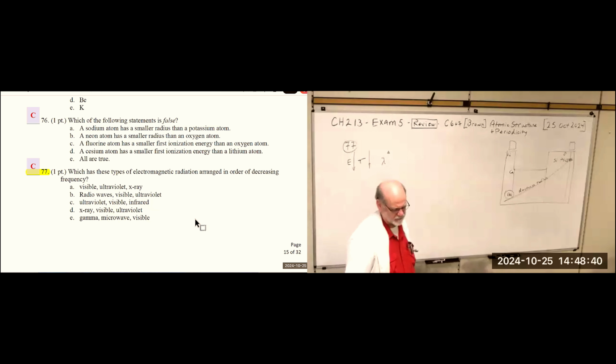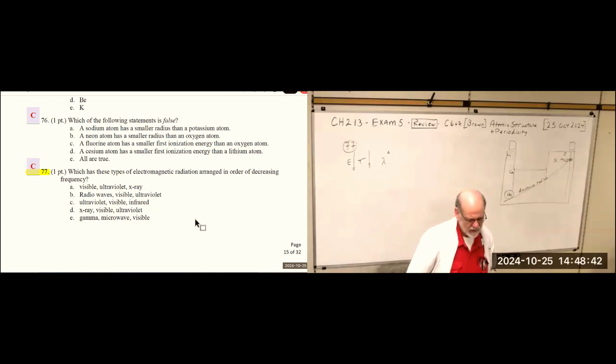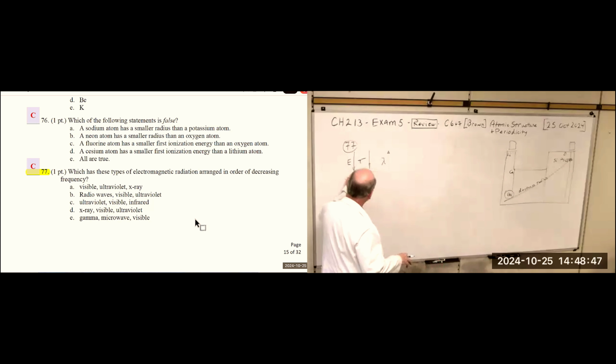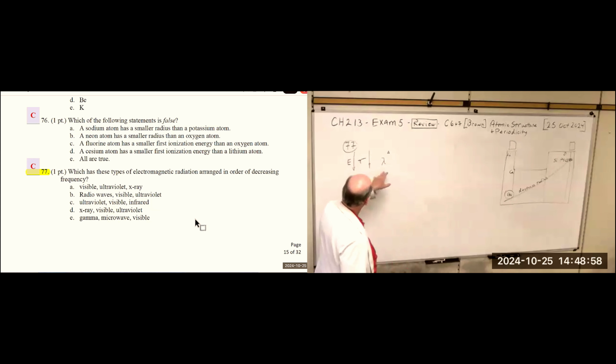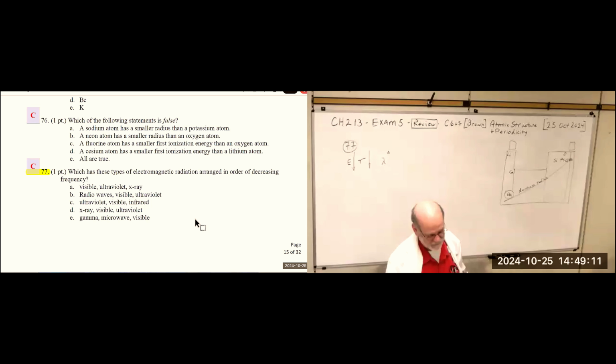Just to get things in perspective. For decreasing frequency, we want decreasing energy. So we want the last one to be the longest wavelength. Yeah, decreasing frequency, which means less energy.